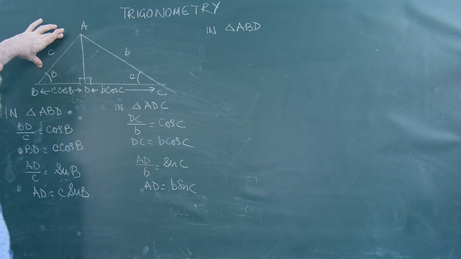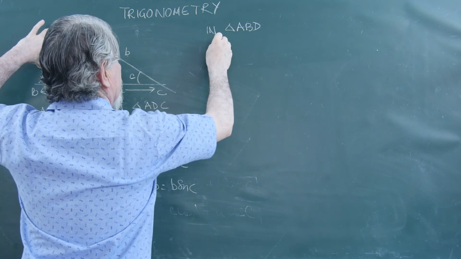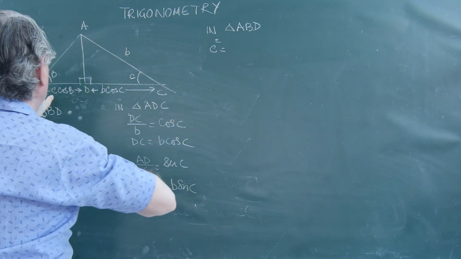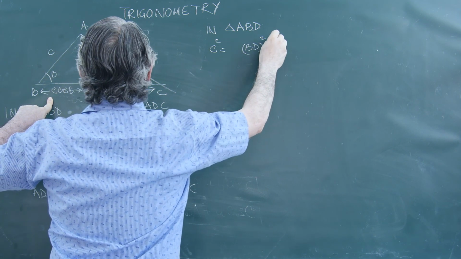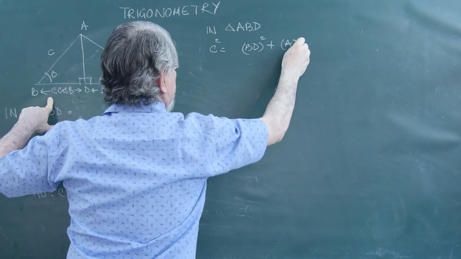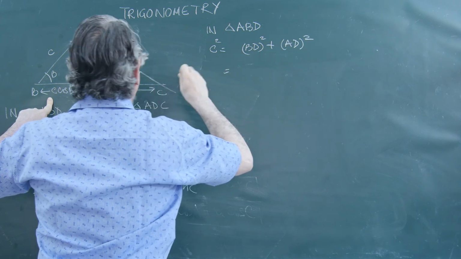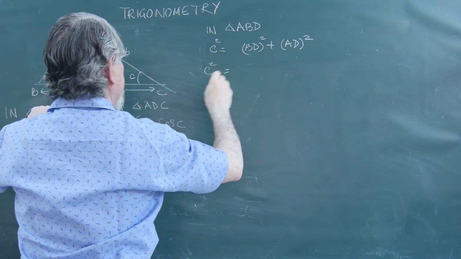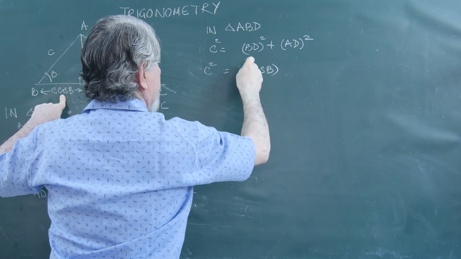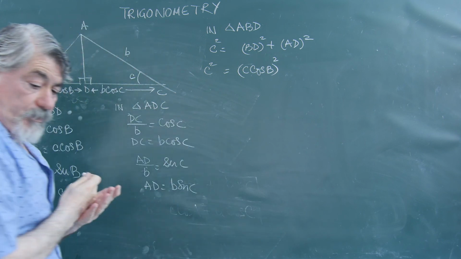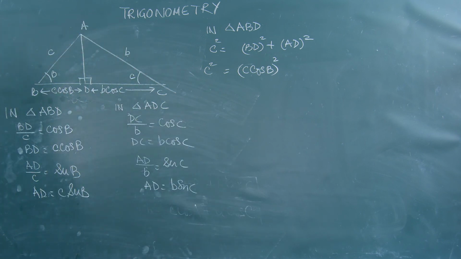The square described on the hypotenuse, C square, will be equal to BD square plus AD square. Now BD is C cos B, so C cos B whole square.